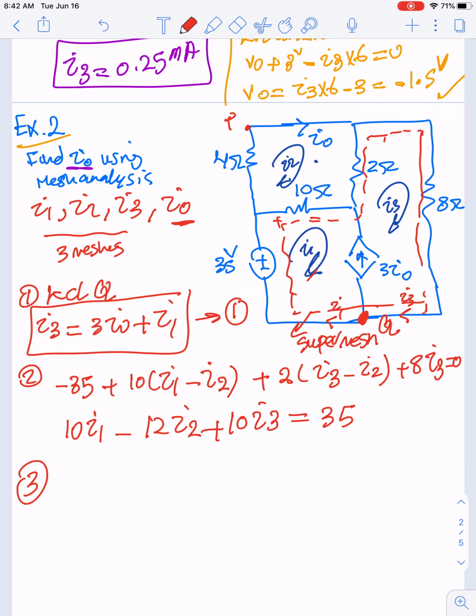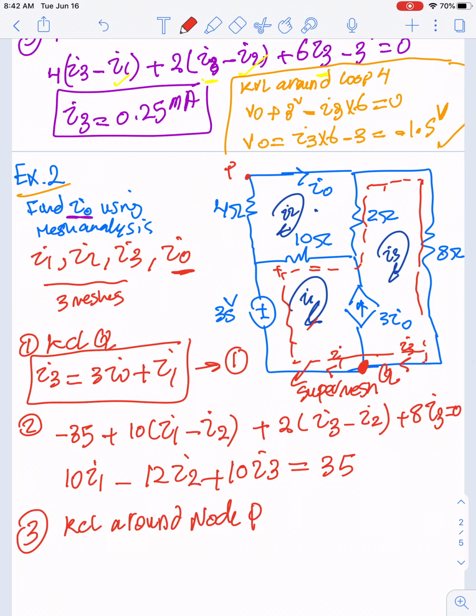Till now we did not benefit from the knowledge that IO here is the current of that branch. In order to get benefit from this one, we have to do KCL around node P. That's mainly because whenever you know the current of a certain branch like this, you will be able to relate the current of this branch to the current of the loop itself.